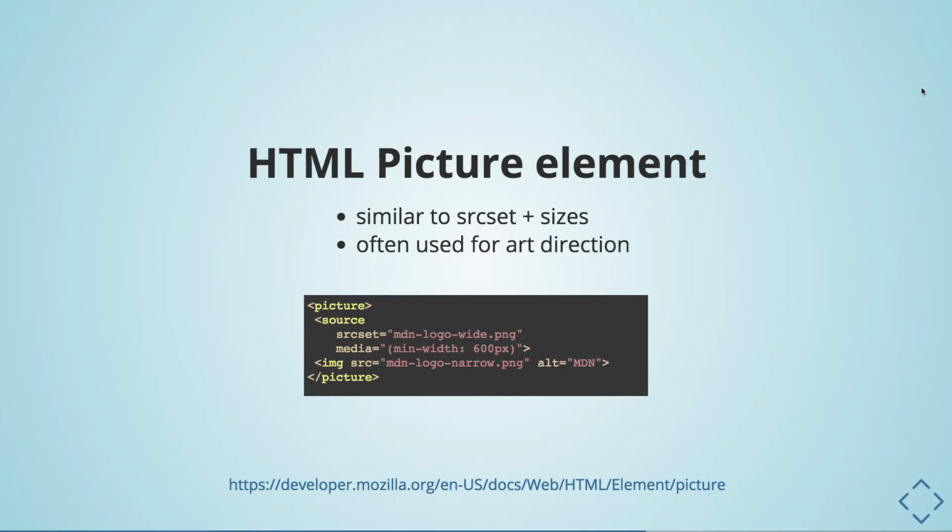In addition to this, there's something called the picture element that's newer-ish. Same idea: there's a picture tag, and in there you have some sources and a fallback. You do the same thing. You say, here's the srcset, here's the media. You can use this as well. I think this will do everything that srcset will do.